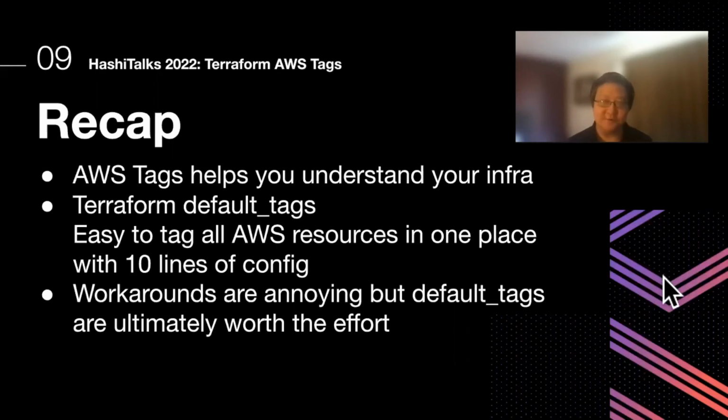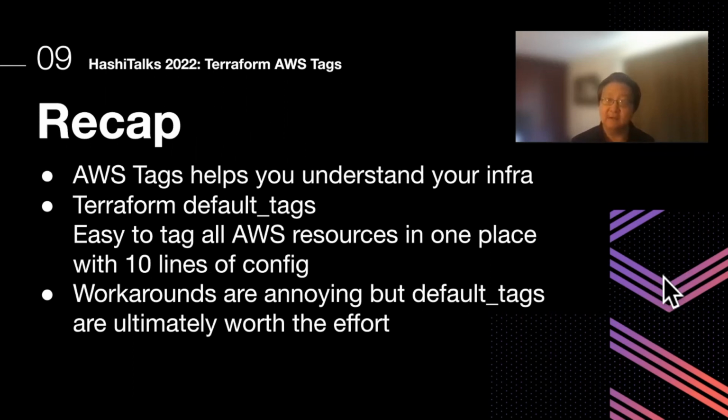So we've gone through a lot of information pretty quickly during this talk. So let's just do a quick recap of some of the main takeaways. One, AWS tags can help you understand your infrastructure better. Who owns what, which project is using what resources, and how much it's costing to use these resources on AWS.